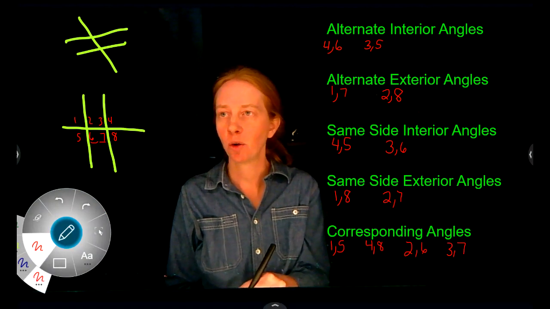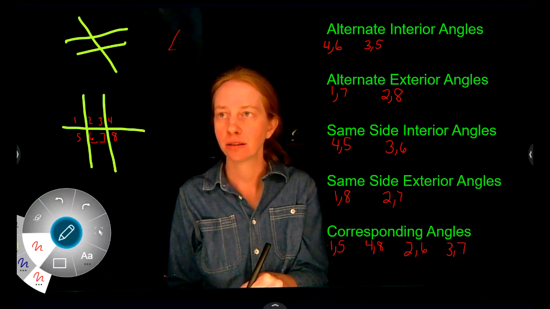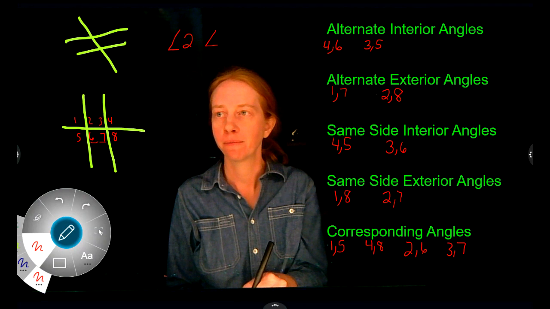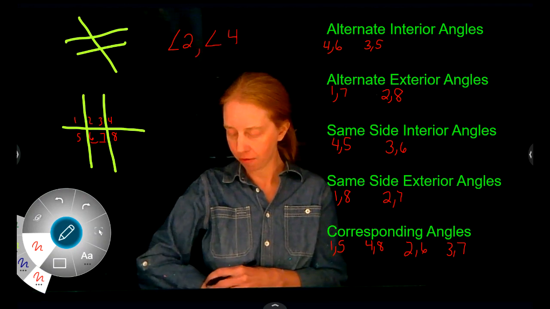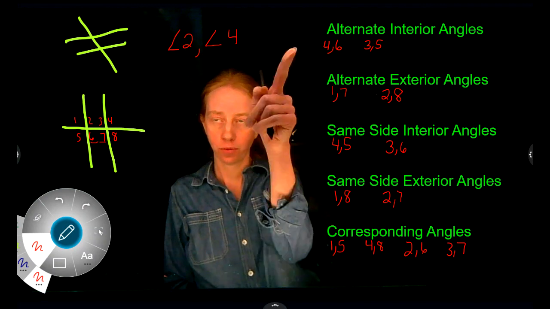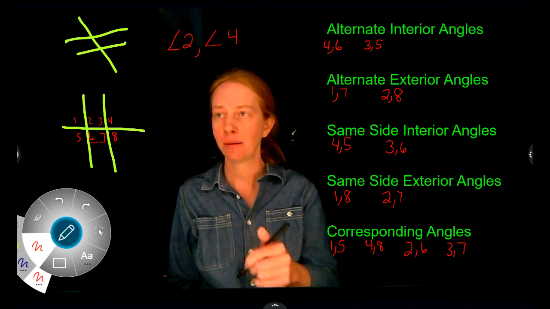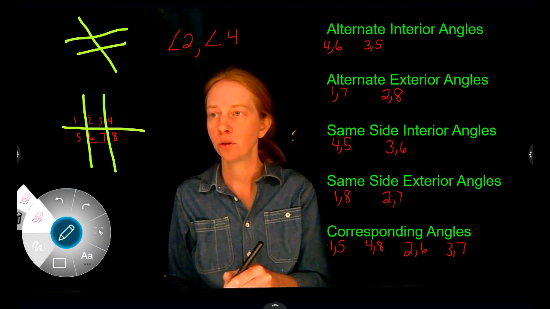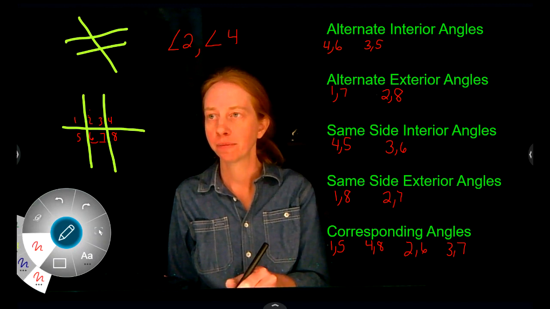And then the second type of question I'm going to ask you is things like this. What could you use to describe angle 2 and angle 4? What would be the vocabulary word from this list to describe angle 2 and angle 4? Angle 2 is right up here.